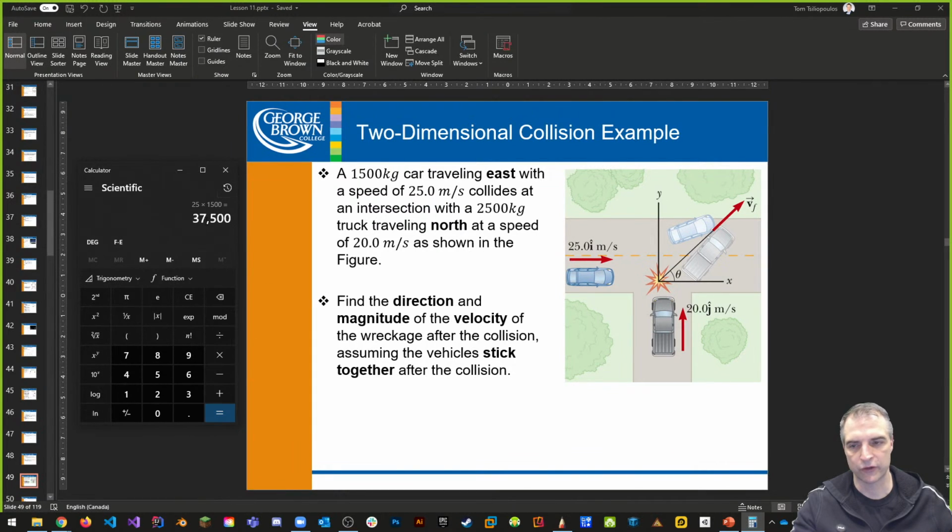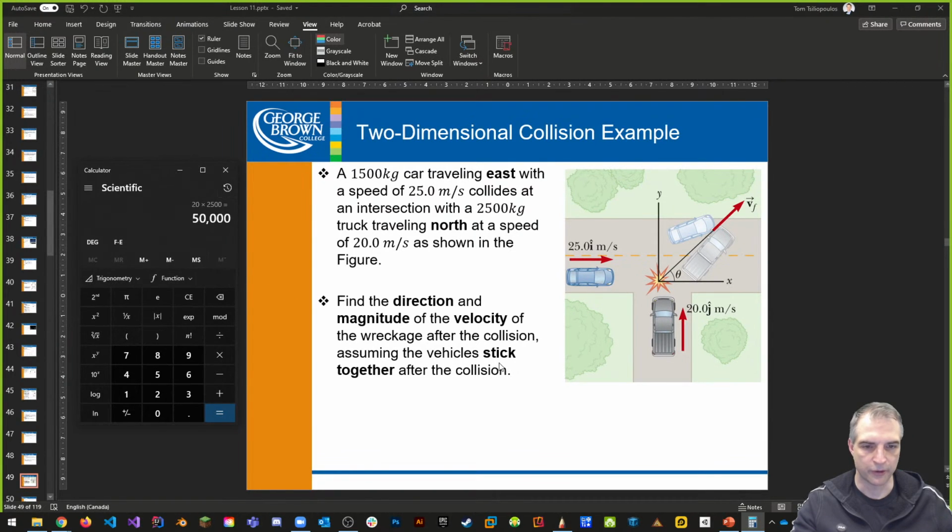In terms of units, we have 37,500, kilogram meters per second. 37,500. What about the truck? Well, we know that 20 multiplied by 2,500 is 50,000.